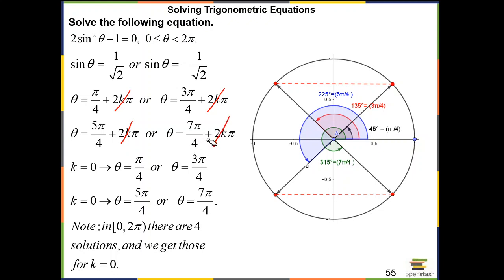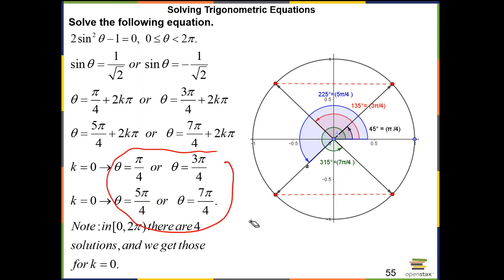Now, if k equals 1, obviously all of these go out of the range because all of them have 2 pi, right? So we can't put k equal to 1. And if you put k equal to negative 1, all of them become a negative angle, and that's not going to work, right? So, for only k equal to 0, we have 4 solutions, and they're right here.